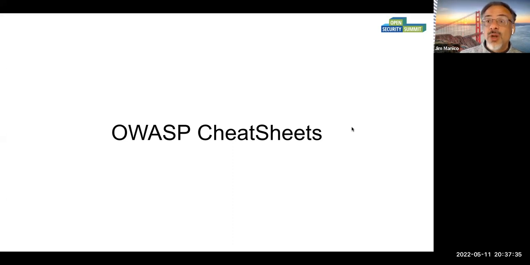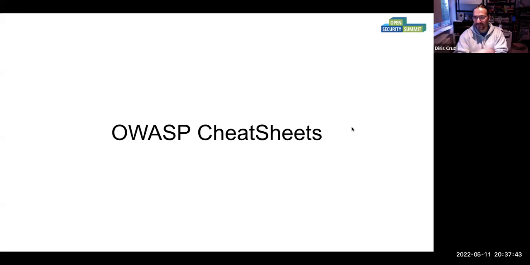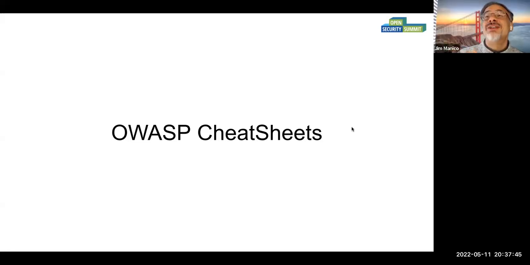Early on, 20 years ago, I saw several cheat sheets get written by, again, Jeff Williams, who did XSS, and Eric Sheridan did CSRF. Those two cheat sheets have been fully rewritten. But when they first wrote it, I said, we've got to add this to a project. So I grabbed those two cheat sheets, wrote a few others, and that kicked off the project. 15 years later, I'm still editing. I'm still managing it because that's how I learn as well from all these edits coming in.